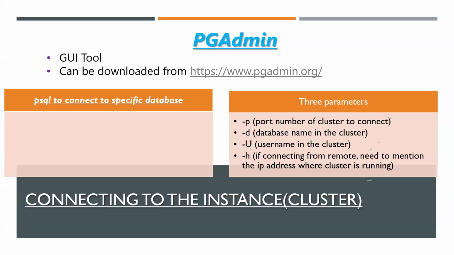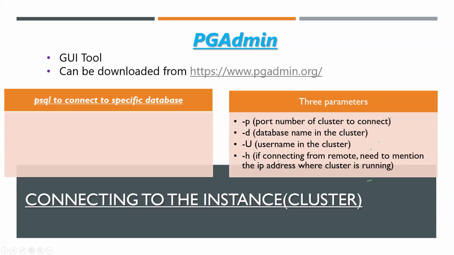As of now, these are the parameters we need to remember for psql. -p is the port number, very important. -d is the database name, for which database you are trying to connect. Along with the port number of the cluster you are authenticating to, you also give the username you want to connect with, and a password as well.